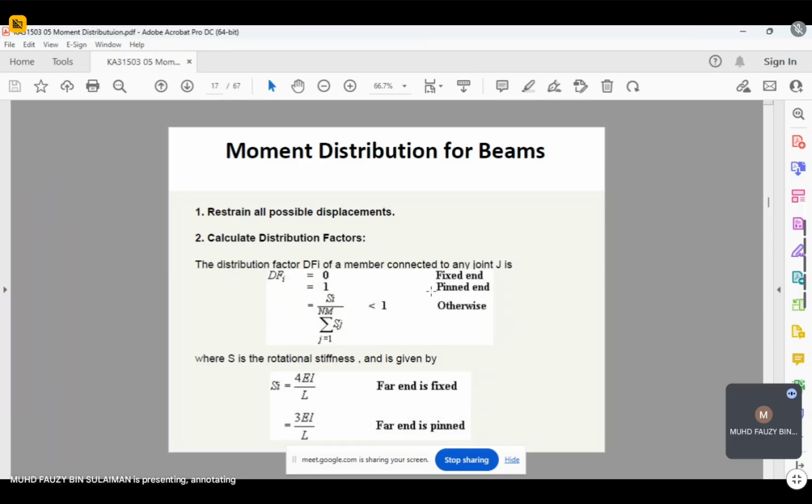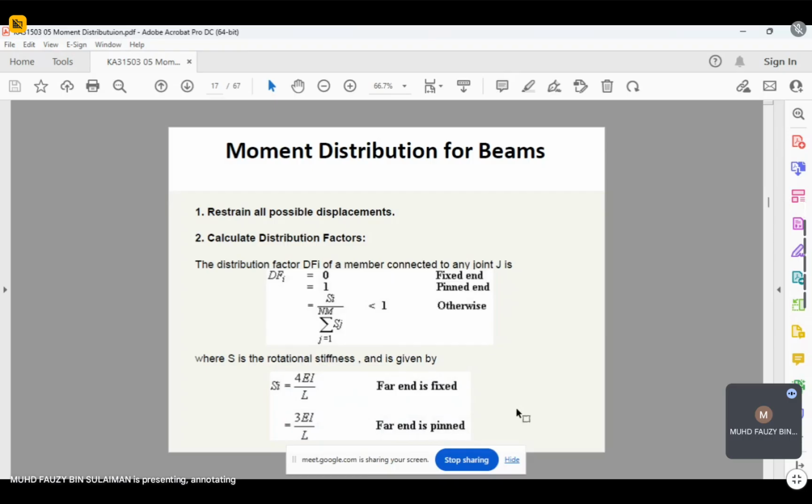For a fixed end, the distribution factor is set to 0. If it is a pin connection, the distribution factor is set to 1. So the rotational stiffness, this is the formula that you are going to use.